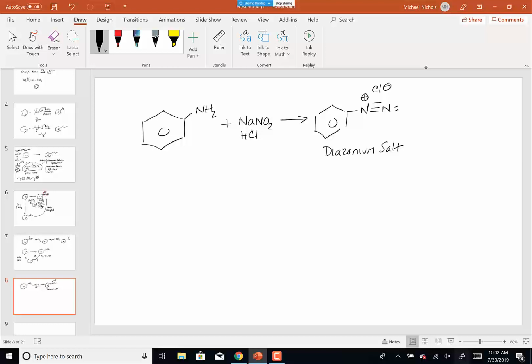So this diazonium salt, with a benzene ring attached to it, because remember, that circle means alternating double bonds, that triple bond is now in conjugation with the ring, and it makes it stable. So when you make an aryl diazonium salt, you don't have to worry about it blowing up on you.